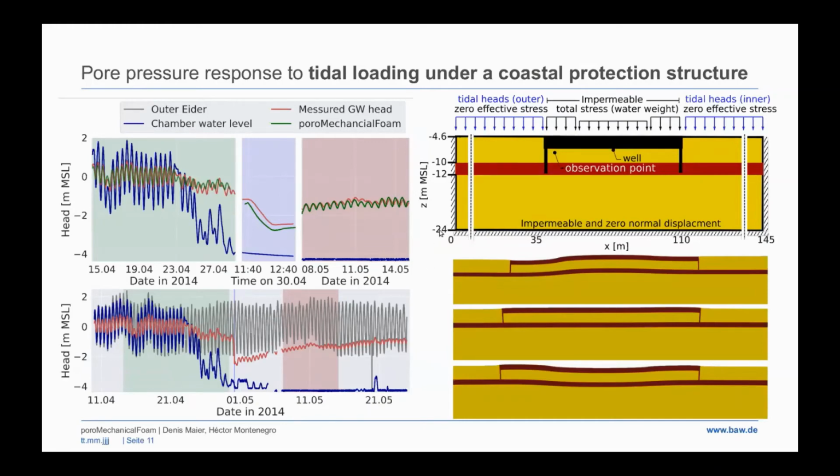And what you can see is that for such a simple 2D model, we could recreate the fluctuations in the pore pressure quite well. And so I think we have good evidence that there must be some gas in the pore space down here, so we can calculate it with this assumption.